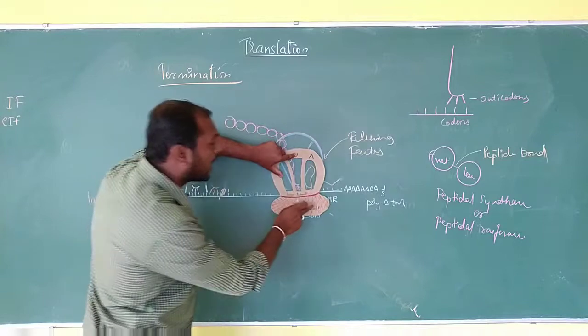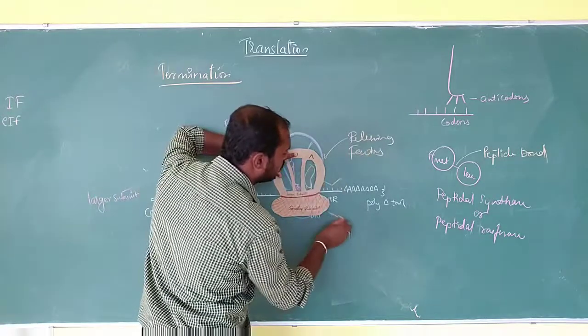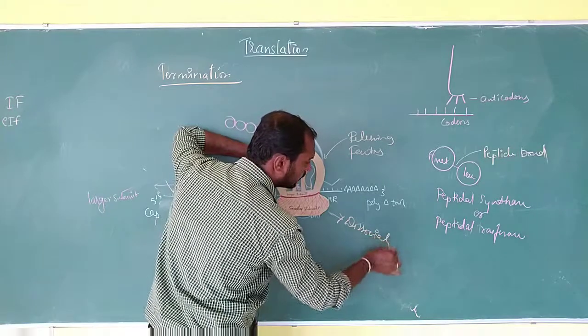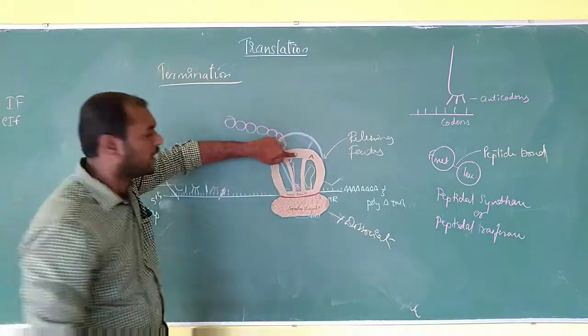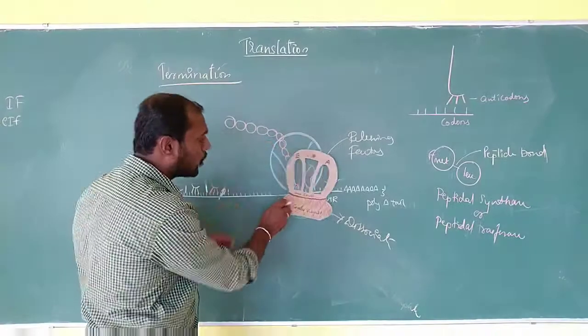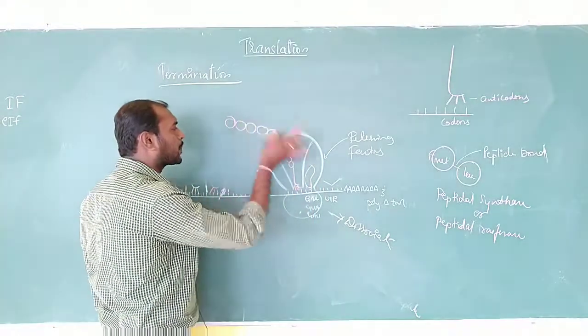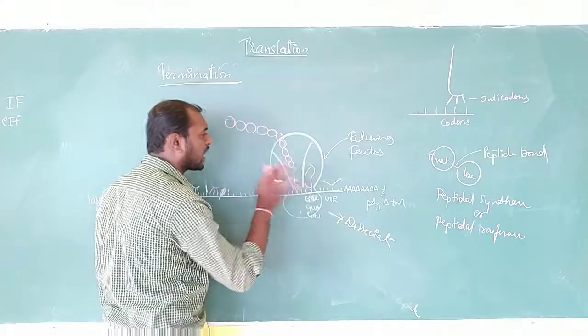Releasing factors are going to reach, and these releasing factors are going to dissociate the complex. They help in separating the protein chain from the tRNA.